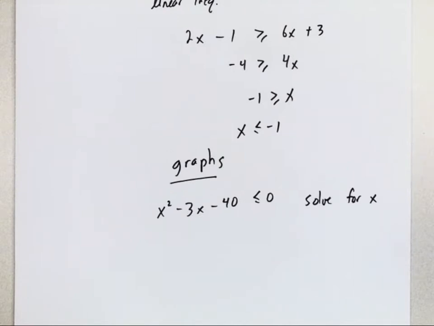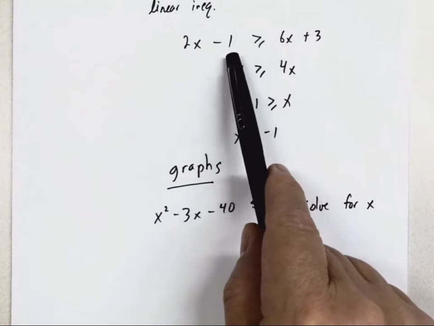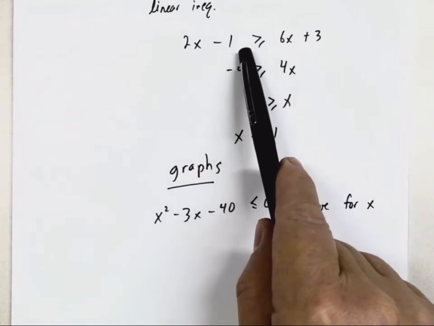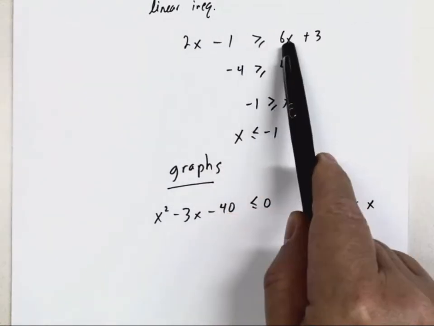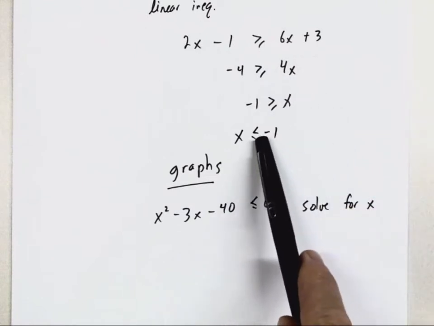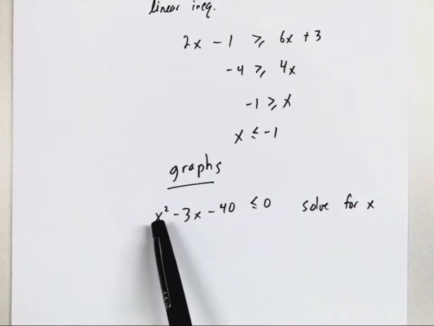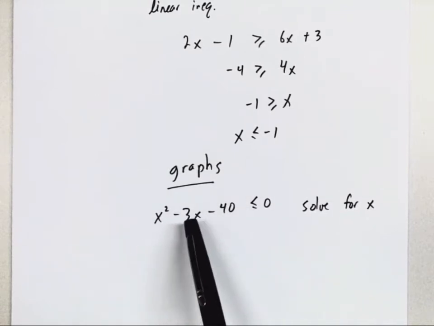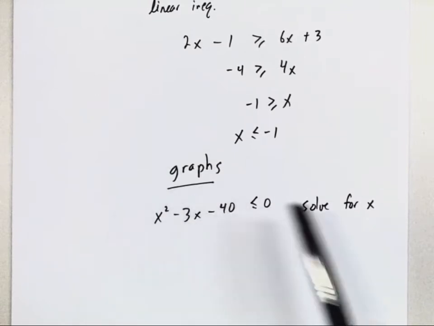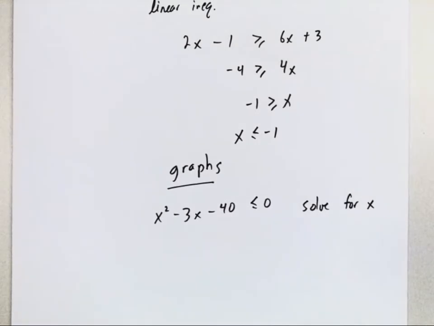Now, just to compare, up here I had this kind of problem, but because it was a linear inequality, I could get x by itself on one side and I'm done. But here, because this is a quadratic expression, x squared minus 3x minus 40, I can't just get x by itself on one side.